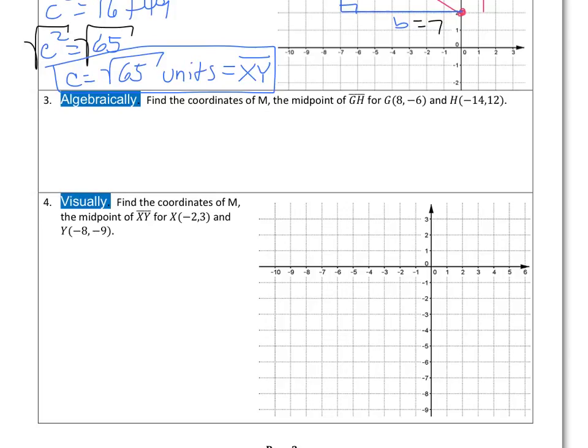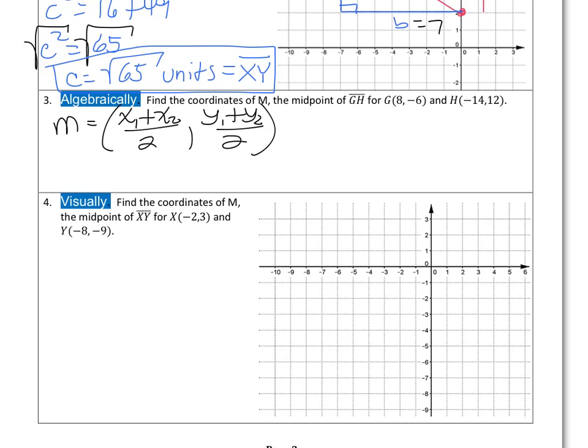So find the coordinates of the midpoint M of a segment GH, where G is at a location, H is at another location. All right, so algebraically, we have to remember the formula. So the midpoint is the average between the two x locations of the endpoints and the y locations of the endpoints.